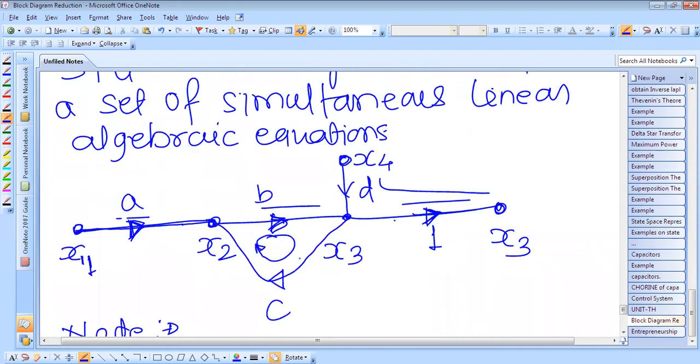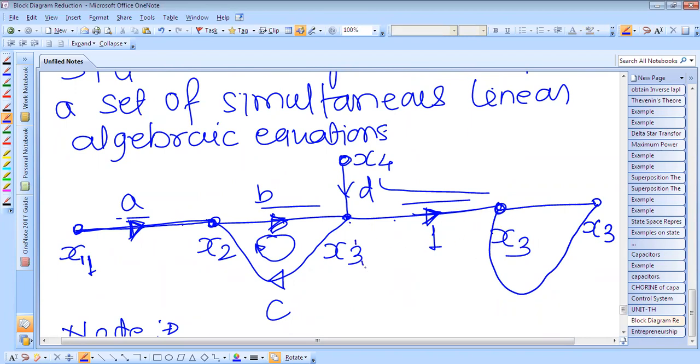Suppose this is the x4 node, and suppose there is one loop here and another loop here. These two loops are non-touching loops because they are not touching each other.